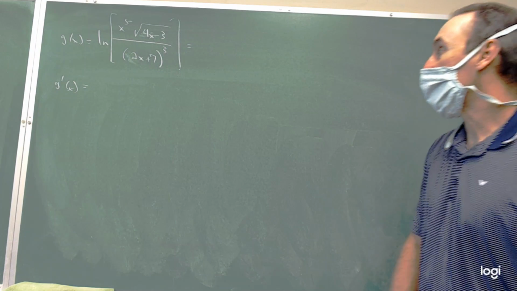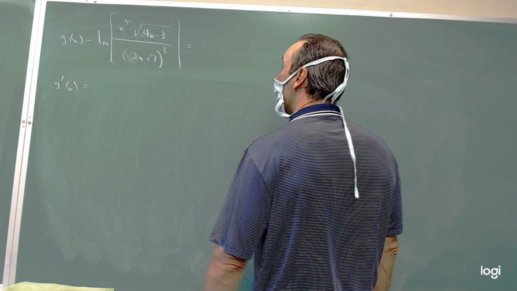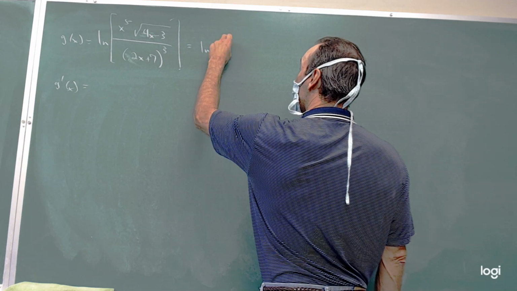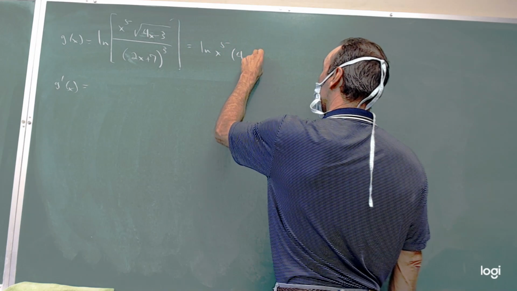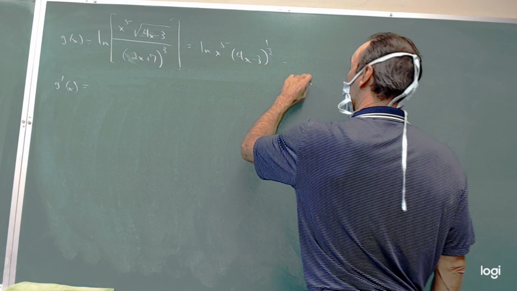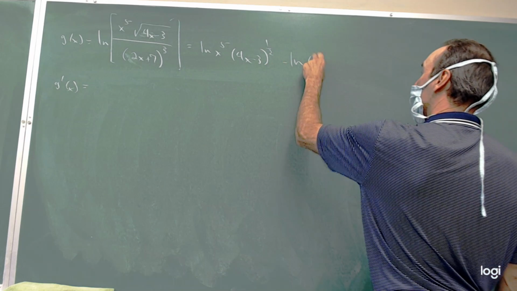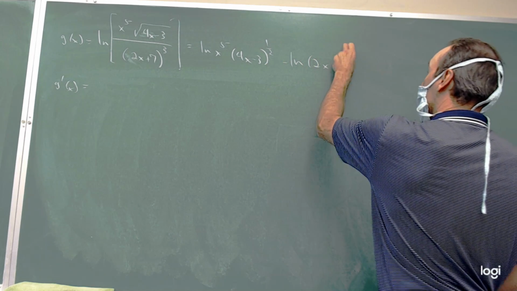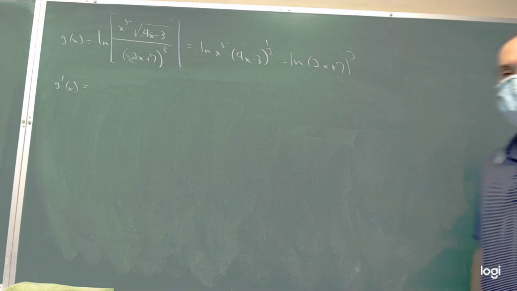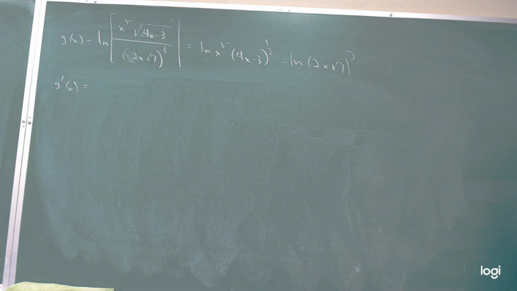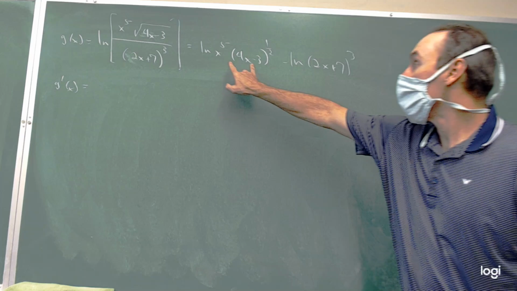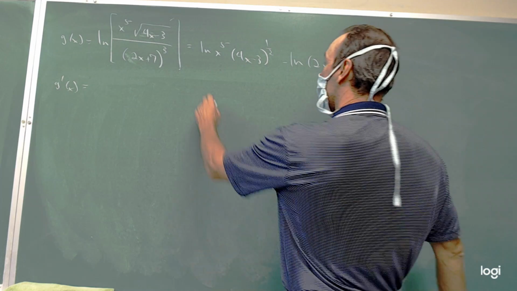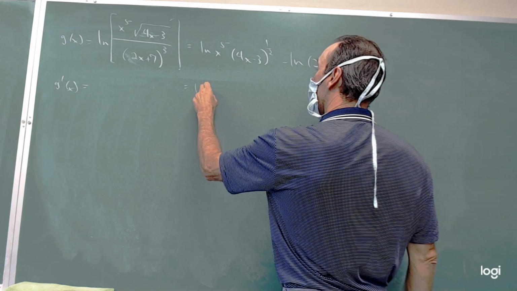So how might we do that? The log of the top minus the log of the bottom. So log of the top, minus the log of the bottom. So far, so good. So you can also break apart the top part. Log of the product, so that's going to be the sum of the logs.